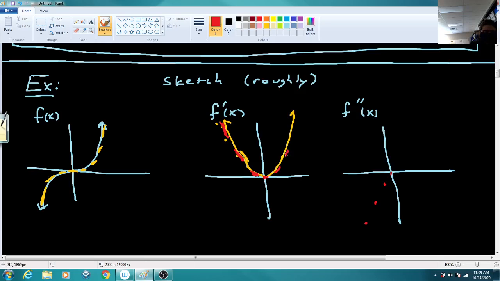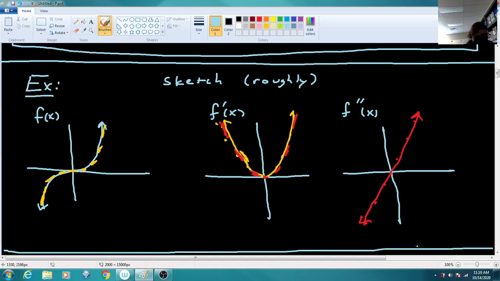Then positive, then very big and positive, then really, really big and positive. So little positive, bigger positive, really, really big. And we get something like that. It would work for our f double prime graph. So we get these two things kind of looking like that.